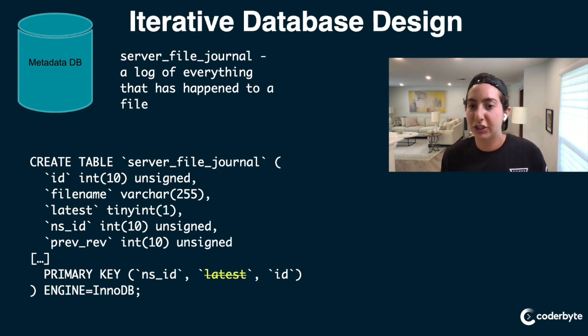So they actually just removed that, and they made that determination because they have a very write-heavy requirement. So even though the reads were slower, it was still fast enough because they could just get something by the namespace and then scan for the latest, right?